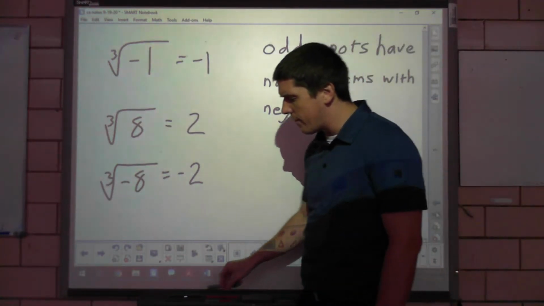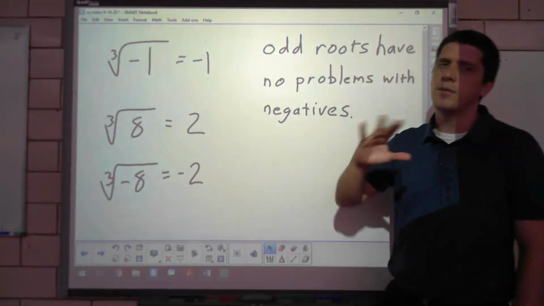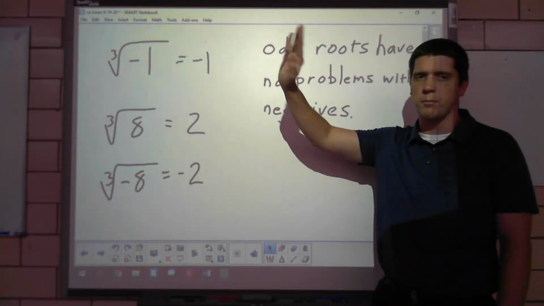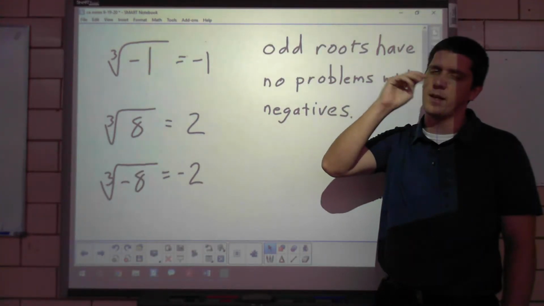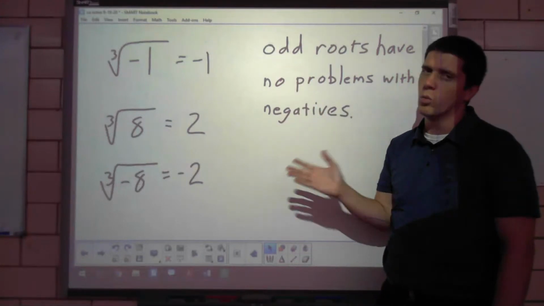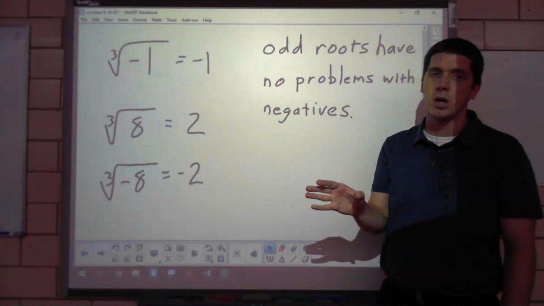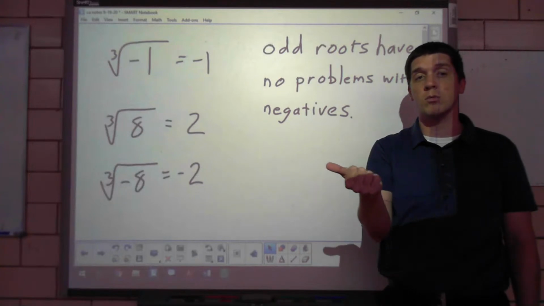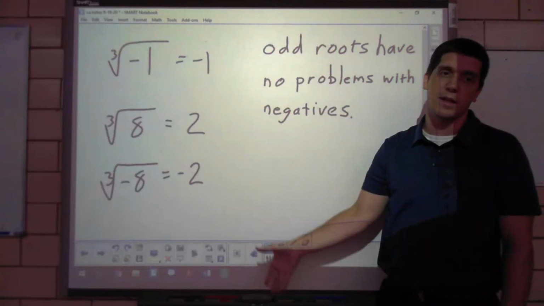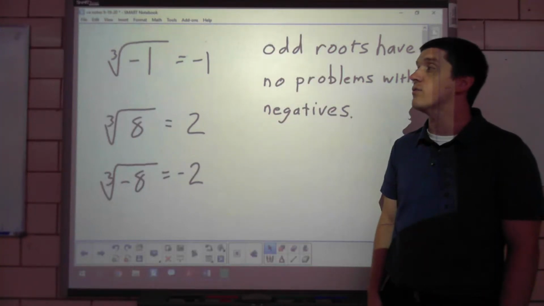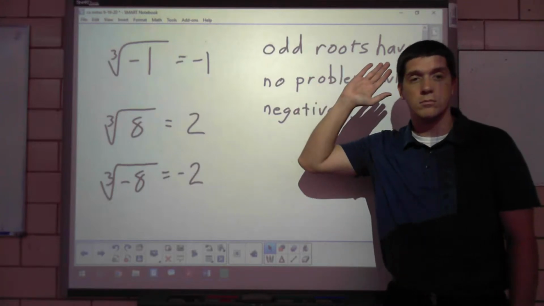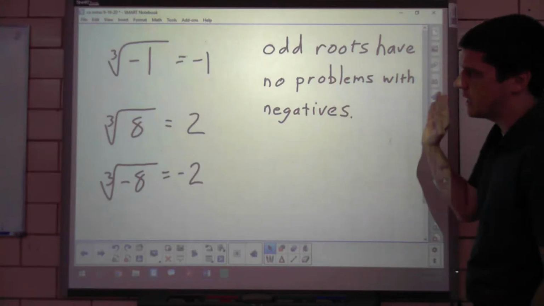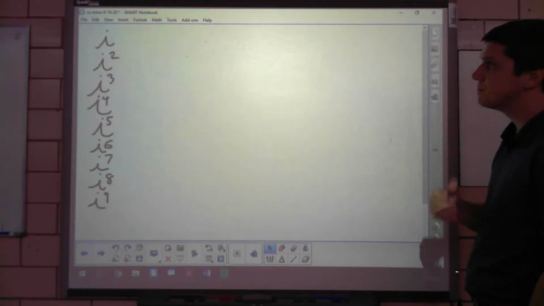Now, we could talk about the fourth root of -1, but that gets into this weird complex situation and all that, and then i kind of changes. So we're not going to worry about that too much. We're only going to worry about square roots, and I just wanted to point out, hey, any odd root, 3, 5, 7, etc., no issues when it comes to that. So that's just something worth pointing out.